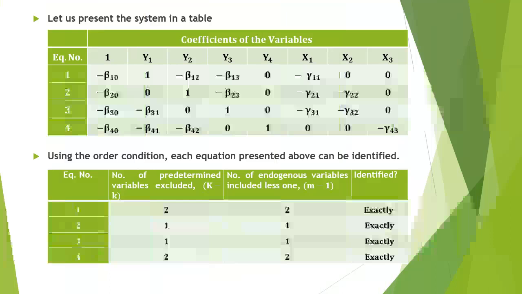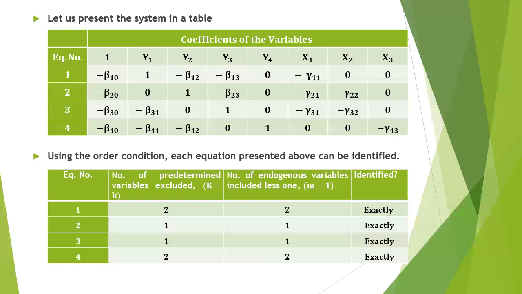Let us present the coefficients of the whole system of equations in a table here. You can see that the second column of this table represents the coefficients of the constants, and the third column is the coefficients of y1, and next the coefficients of y2, y3 and y4, and again the coefficients of x1, x2 and x3 respectively.